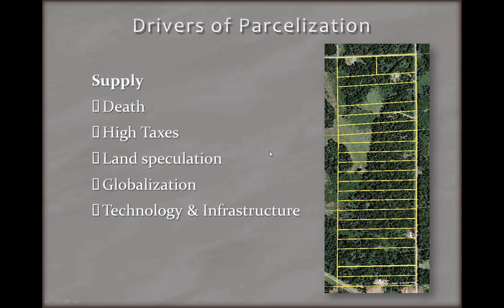And then some of the other supplies is globalization. What I mean by that is some of these industrial forest landowners. Historically, they've been mostly local companies in terms of where they own their property and where they did their business. However, over the past several years, a lot of these locally owned private industrial forest companies are being purchased by global companies, and their interest isn't necessarily timber or forest products.